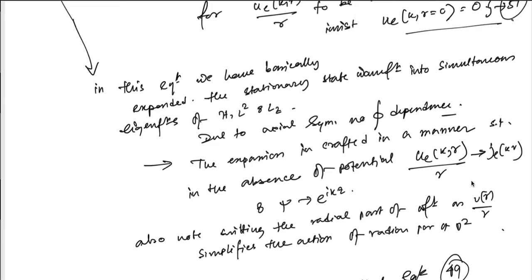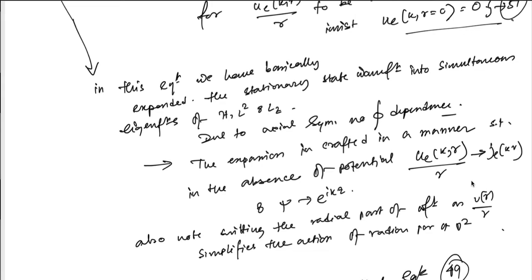Just to step back, what we did basically is express the stationary state wave function problem in terms of simultaneous eigenstates of H, L squared and L_z. It is just a projection problem, writing the solution into this particular eigenbasis, and due to the axial symmetry there is of course no phi dependence.